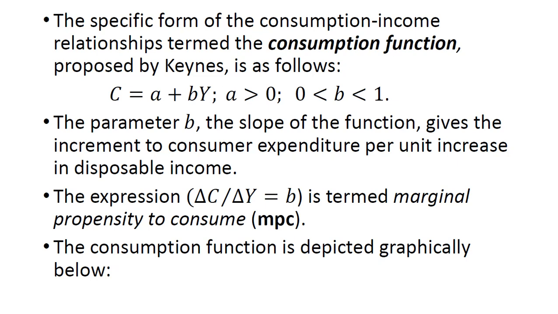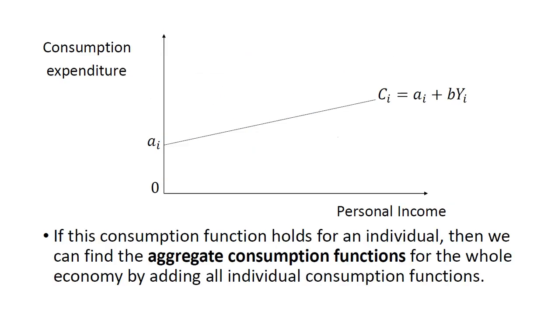And the B lies between 0 and 1, suggesting that consumers don't spend all their income on buying goods. They spend a fraction, and that fraction is known as marginal propensity to consume. It is that change in C over change in Y, which will give you the B. So that is what we call marginal propensity to consume. And we can show the consumption function graphically as this.